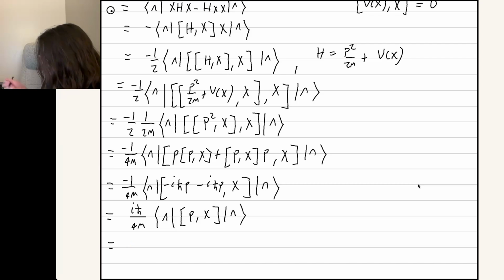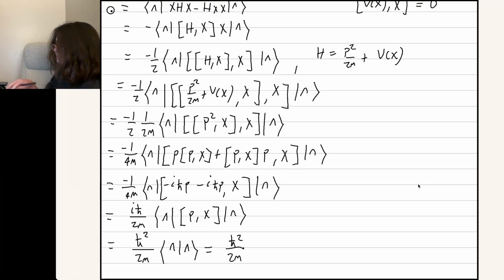So we'll factor out an additional i h bar, so it's just going to be h bar squared. And I forgot to factor out a 2 here, but that's where that shows up. You get h bar squared over 2m, and then it's just the overlap of n with n, which is 1. So it's h bar squared over 2m. We did it. We did the Thomas-Reiche-Kuhn sum rule.